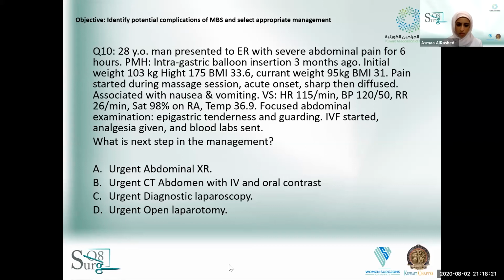Okay, I'm going to take some of the audience questions while we wait. Do patients rarely develop any complications? So what I would say is that bariatric and metabolic surgery is a very safe surgery, generally speaking.